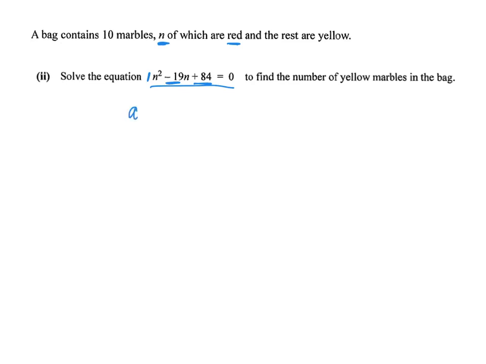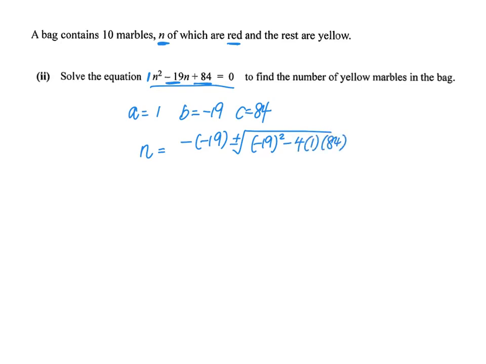So using the formula, a equals 1, b equals negative 19, c equals positive 84, n equals negative b plus or minus the square root of b squared minus 4ac, over 2a. And we can get our answers to be 12 and 7.